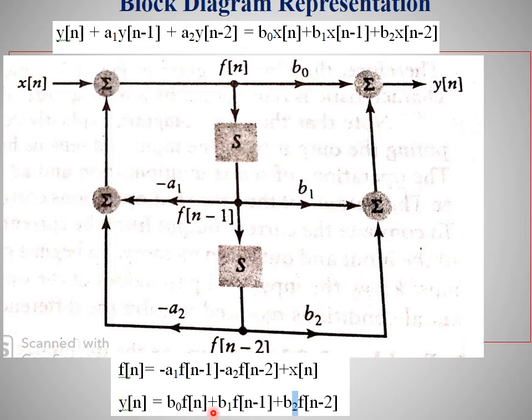So, the second equation has been first implemented, and as a result, what could we do next? These two terms need to be added as before with the adder. That has been done. The resultant needs to be added with the first element, that is b0 into f of n. That also has been done, giving us the second part of the equation at this stage, that is y of n is equal to b0 into f of n plus b1 into f of n minus 1 plus b2 into f of n minus 2.